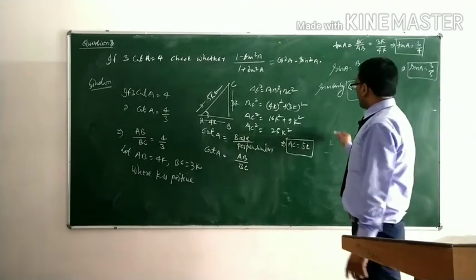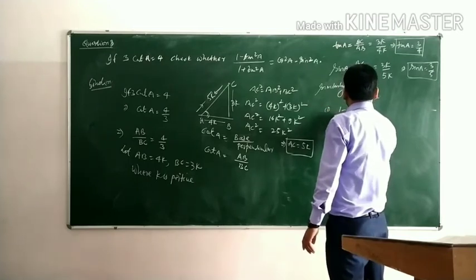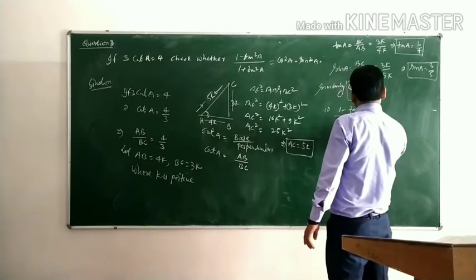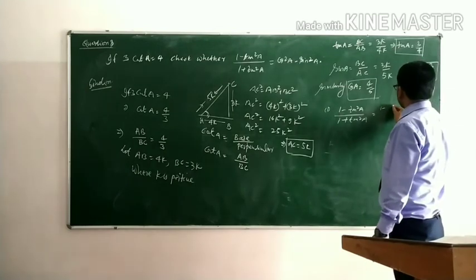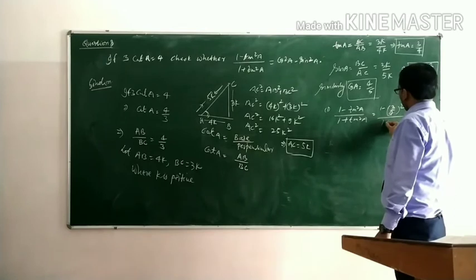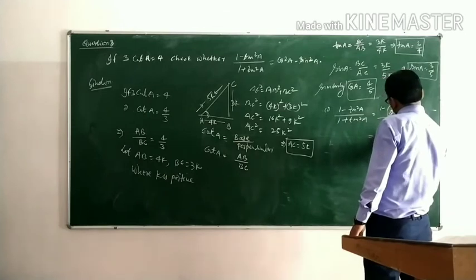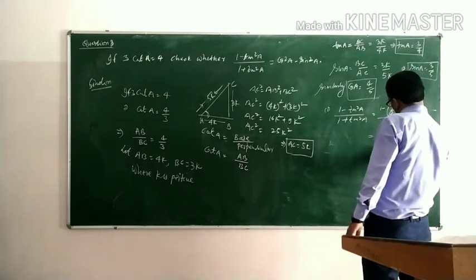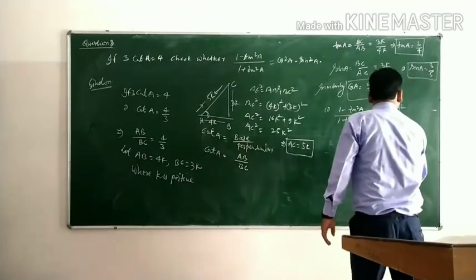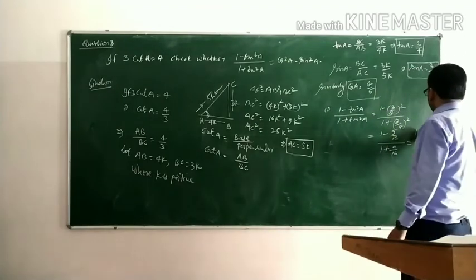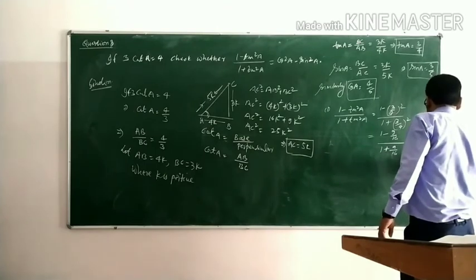Now we find the value of first, 1 minus tan square A upon 1 plus tan square A. Putting the value of tan A equal to 3 by 4, this equals 1 minus (3 by 4) square upon 1 plus (3 by 4) square. This gives 1 minus 9 upon 16 over 1 plus 9 upon 16, which equals 16 minus 9 upon 16 over 16 plus 9 upon 16.